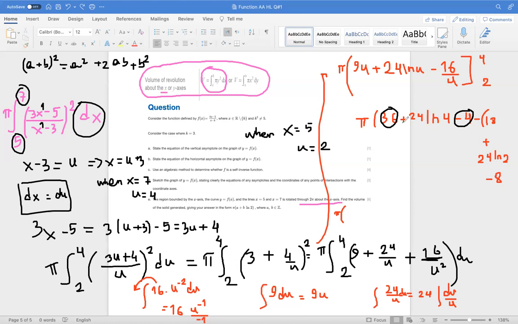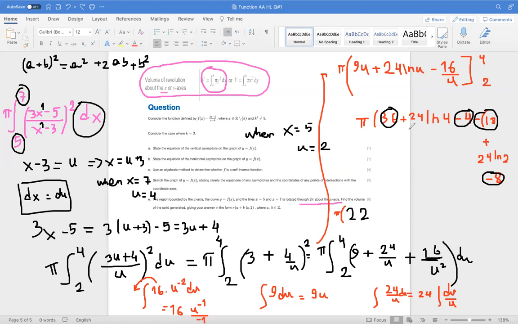So 32 minus 18 is 14, plus 8 is 22. So this section is 22. Just check this: negative 18, negative 4, and plus 8. Why plus 8? Because minus and minus become plus. So that will be plus 8. 22.